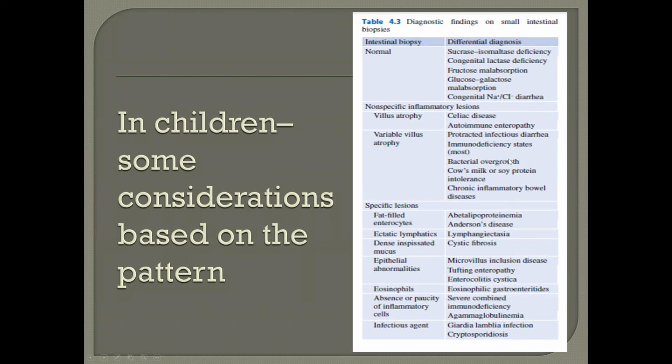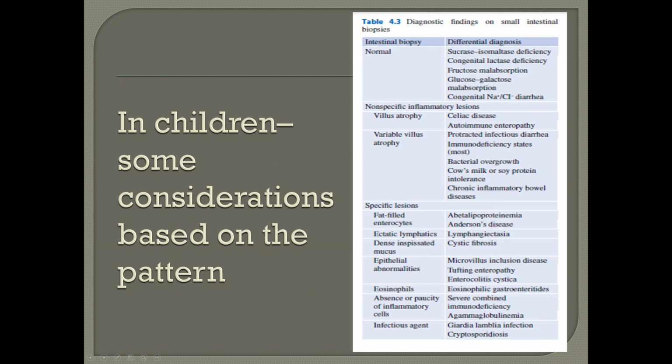You can have bacterial overgrowth, such as you might see with tropical sprue, protein intolerances, and so forth. And then there are the more specific lesions where you have fat-filled enterocytes that suggest abetalipoproteinemia, ectatic lymphatics, dense mucus, and epithelial abnormalities such as in microvillus inclusion disease, eosinophil predominance, and so forth.